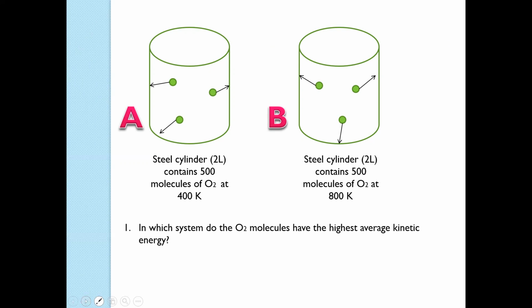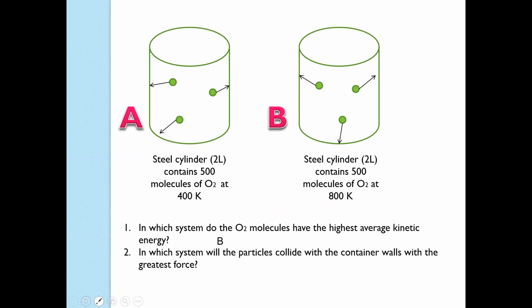Now we have to think: in which system do the oxygen molecules have the highest average kinetic energy? As we saw in the previous slide, it will be B, because the temperature in B is more than the temperature in A.